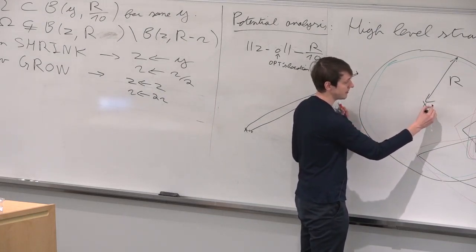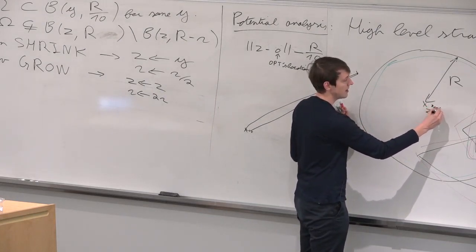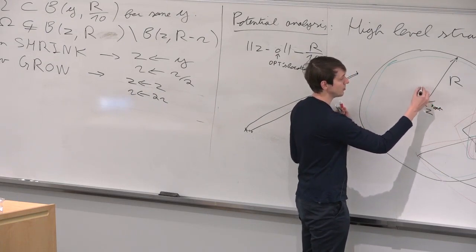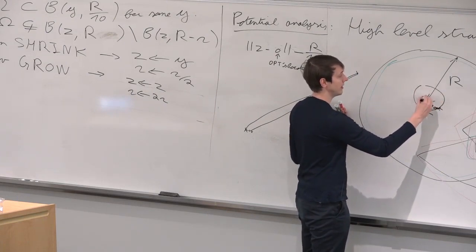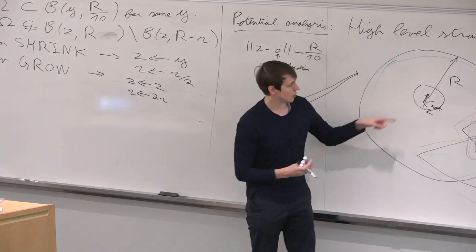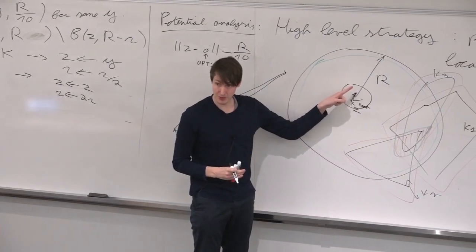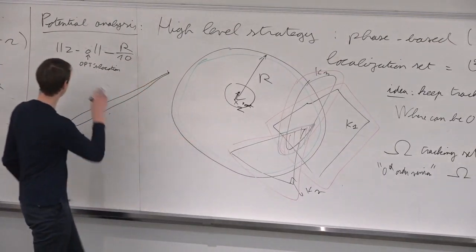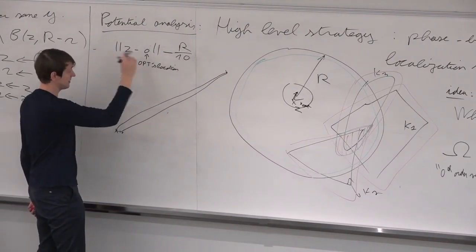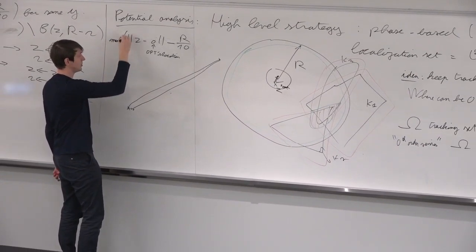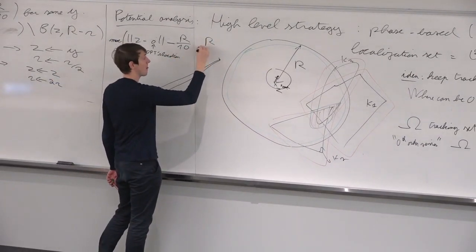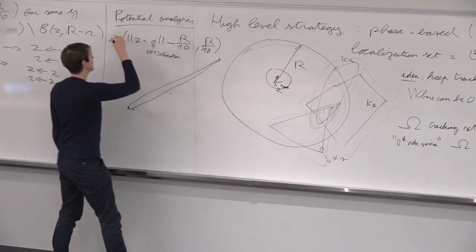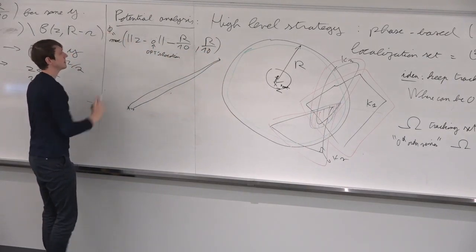Maybe opt was here, this is opt, and maybe now we are refocusing, we're moving here. You see, we are moving away from opt, but we're still winning something, which is that we're shrinking. So this is a case where this is small, so we're just going to take the max between this and r over 10. This is a formula that I like quite a bit.